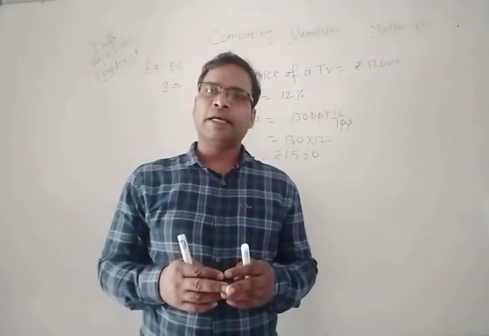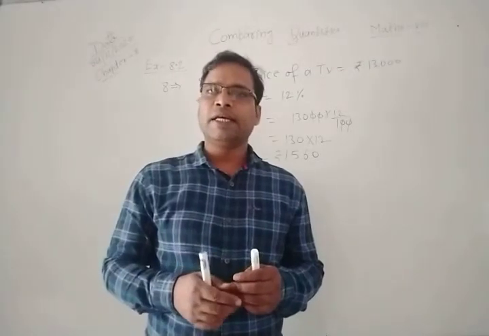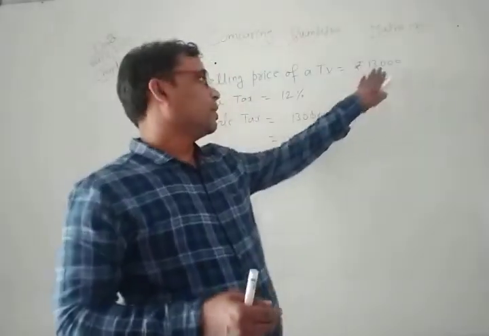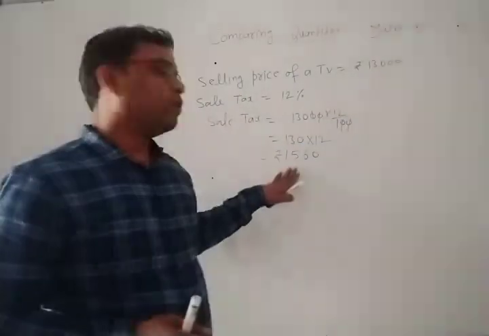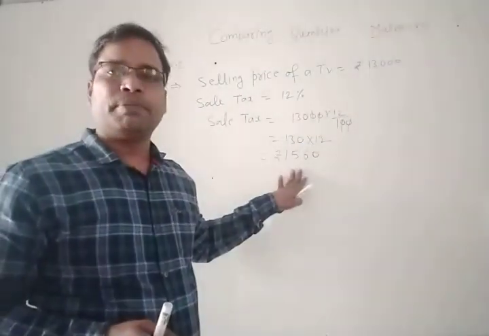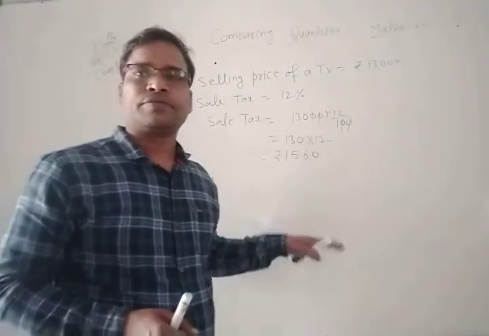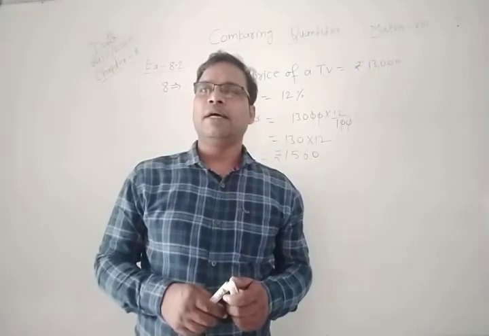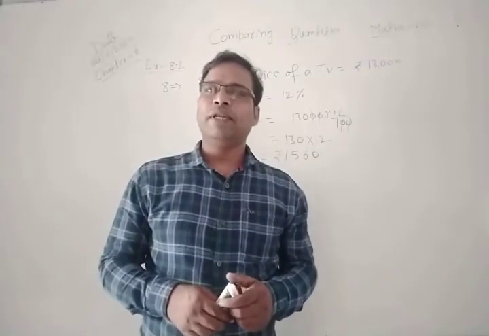So if Vinod buys this item, this TV, then he will have to pay 13,000 plus 1,560 rupees. So here we need to find the amount that Vinod will have to pay.